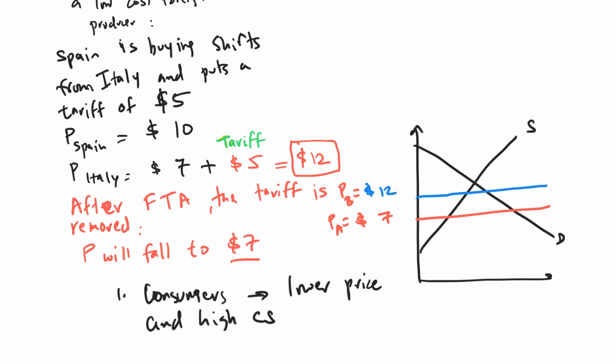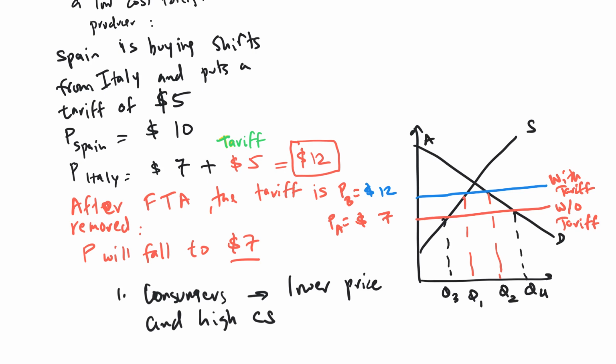So what happens to my consumer surplus? Let me write this, with tariff and without tariff. Without tariff, you are importing Q4 minus Q3. With tariff, you're importing Q2 minus Q1.